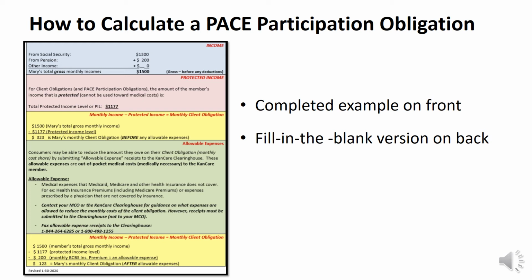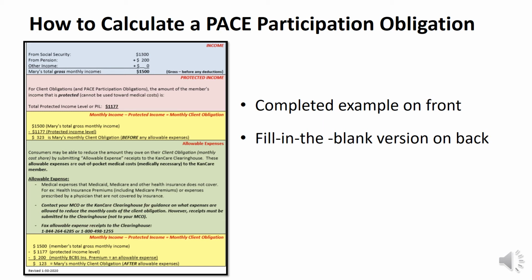That's before any allowable expenses. If she happens to have anything that can be deducted from that, medical expenses that are medically necessary she's paying for out of pocket, or perhaps other insurance premiums for additional health care, those things can be deducted from that amount. So let's say she has a $200 a month Blue Cross Blue Shield insurance premium she's also paying. So they'll deduct that amount from the monthly PACE participation obligation total amount.